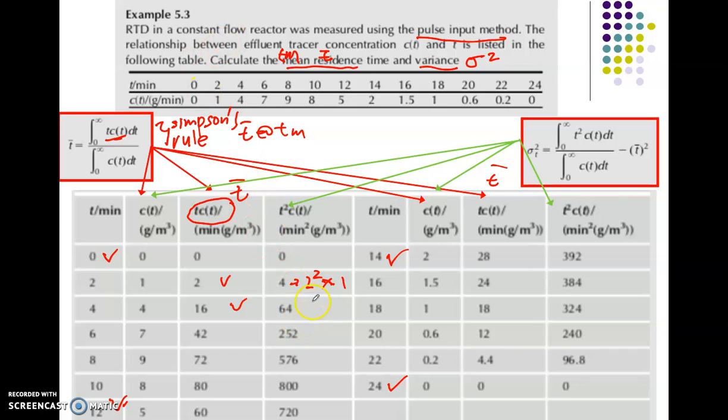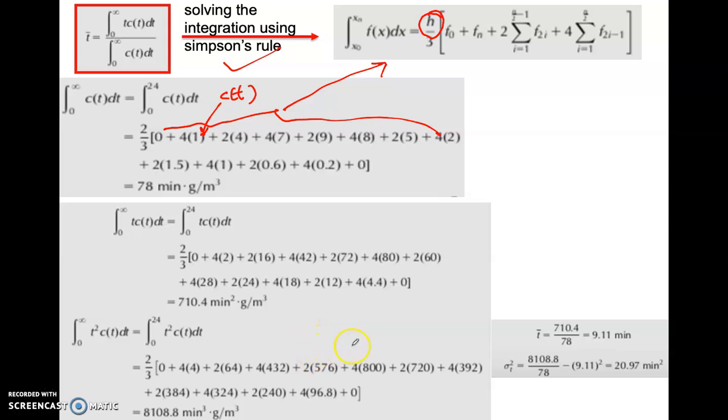For this one, it's 4 times 4, and that's why you get 64. You continue up until t equals 24, and similarly you solve all of these using Simpson's method.